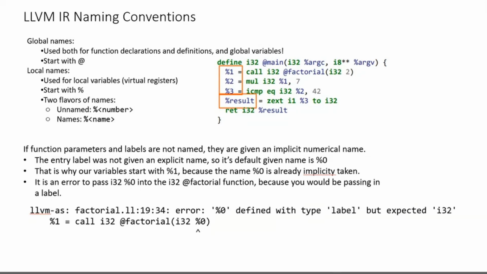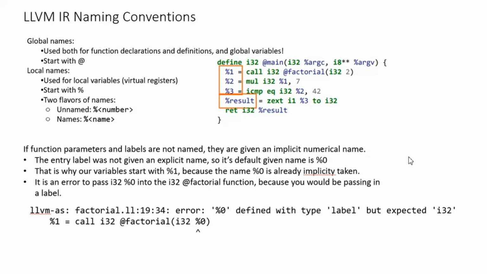If function parameters and labels are not named, they are given an implicit numerical name. So here the first label is actually %0. Because the name of the label to the entry basic block was not defined, it was automatically given the name %0. The numbered names start from %0 and keep incrementing.